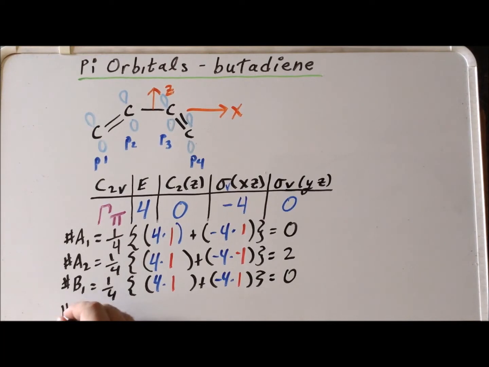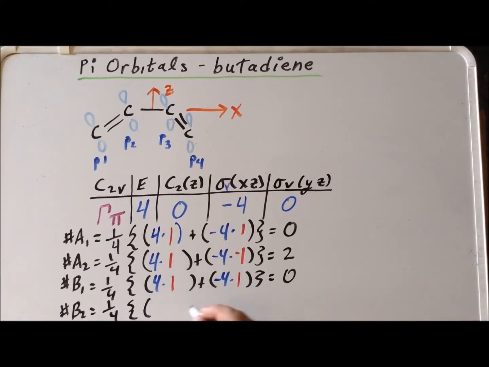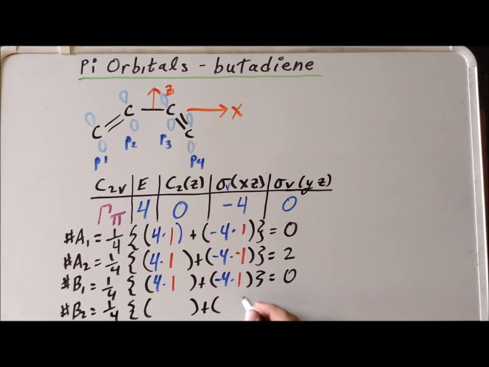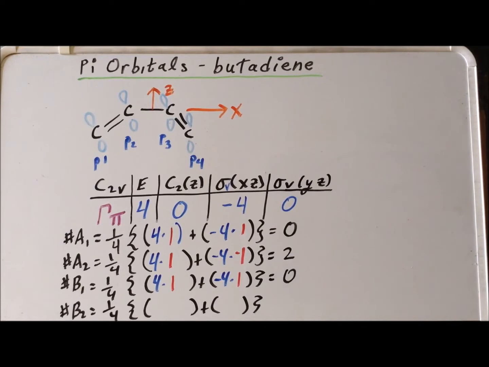Last but not least, we have B2, and we have our 1 over 4. You can write down the characters that don't change. This is a good practice because it makes it much less likely that you'll make an error continually figuring out what numbers to write down.